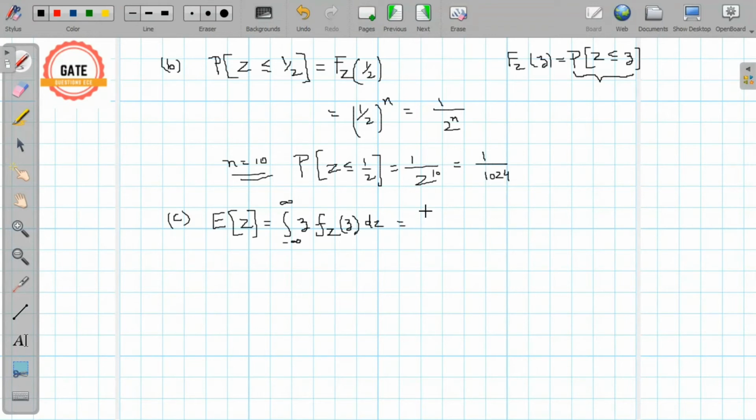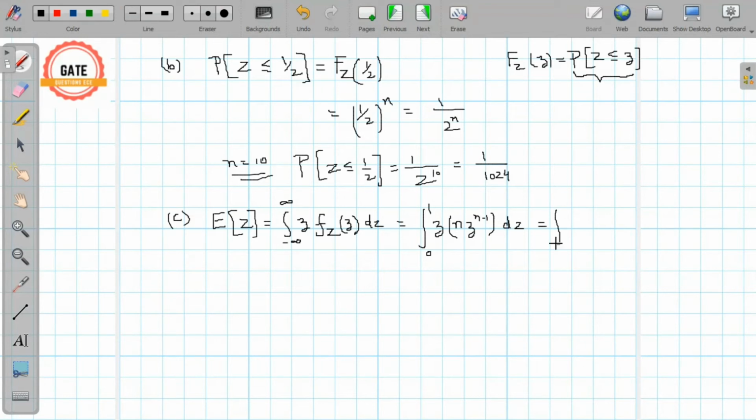So this will be equal to the integration from 0 to 1 of z times n z raised to power n minus 1. This expression I have taken from our previous result of part A. So that will be dz.